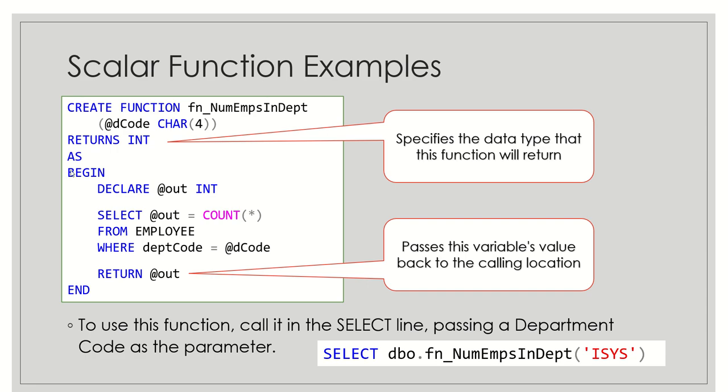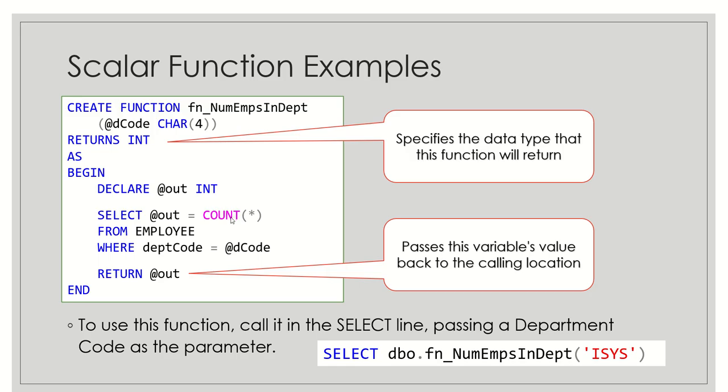Then we have as, and notice the begin and end to enclose the function's code. So in this function, we're declaring a variable called out, and then we're assigning the value of out to be the result of this select query that selects the count of all employees where their department codes equal our input parameter dcode.